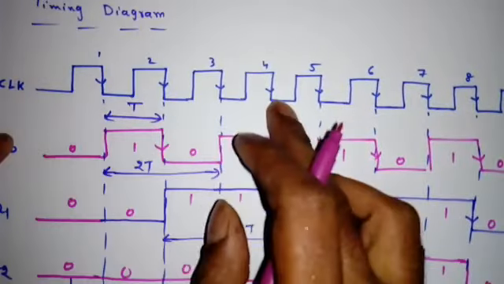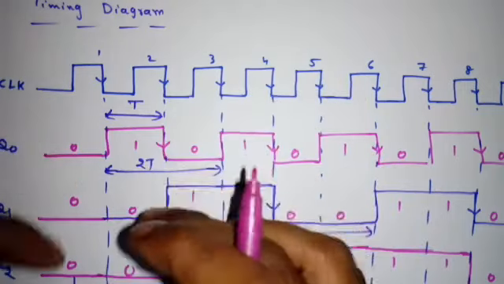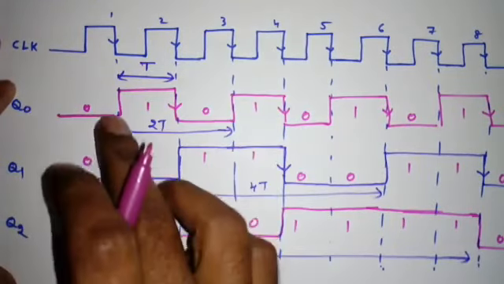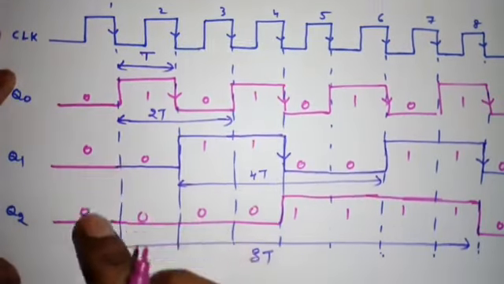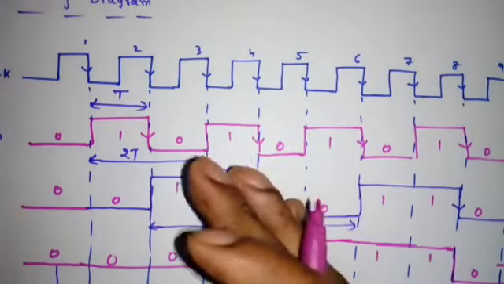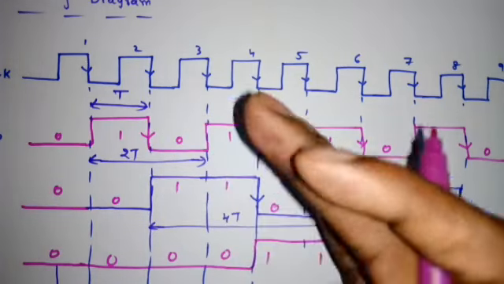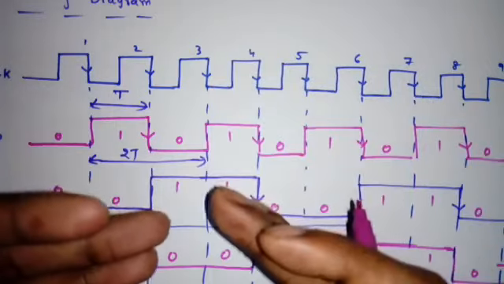It depends on the main clock. The main clock will be generated somewhere, then we have to design different clocks: f by 2, f by 4, f by 8. If you use 10 flip-flops, what will we get? 2 power 10 is the number of states, so 1024. So it will divide f by 1024.